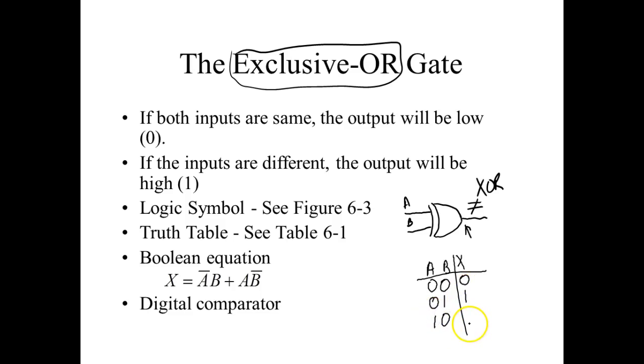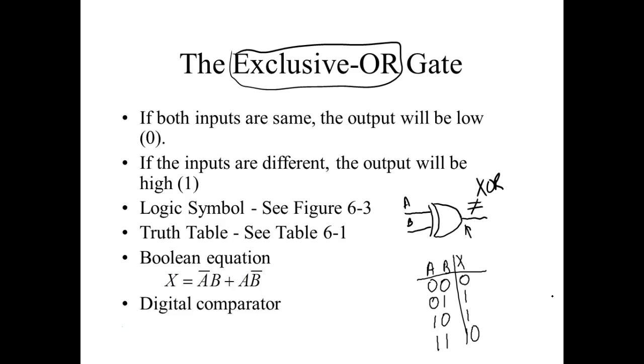Are they equal? No, the output would be a 1. Are they the same? The output would be a 0. So I can look at the output of this gate and I can tell if the inputs are the same or if they are different. On this gate, if they are different, I get a 1. If they are the same, I get a 0.